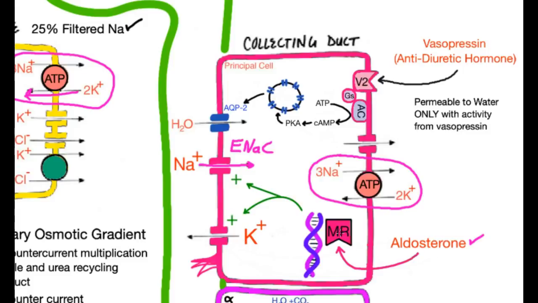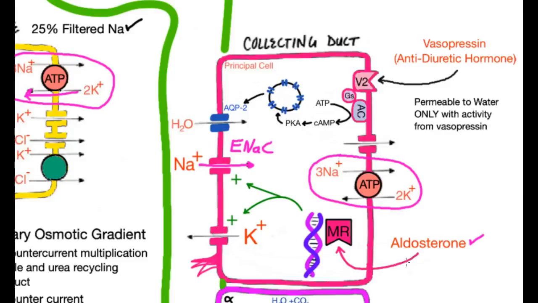So aldosterone binds the mineralocorticoid receptor that goes to DNA and produces transcription products, new proteins, and essentially the big picture is that it will stimulate the production and activity of ENaC. It will stimulate the sodium-potassium ATPase and stimulate the activity of the ROMK channel, these potassium leak channels.